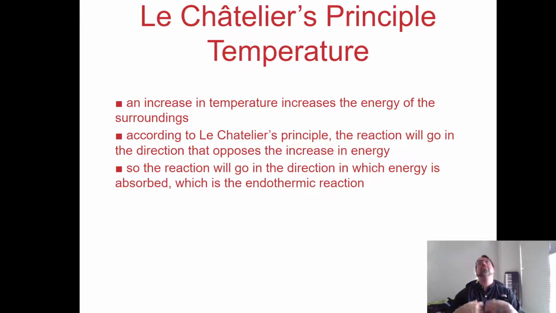So if you increase the energy of a system, the endothermic reaction half will end up going faster. Whereas if you increase the energy of the system, the exothermic reaction half will go slower. Likewise, if you decrease the energy of the system, the endothermic reaction will go slower, and the exothermic reaction will go faster.